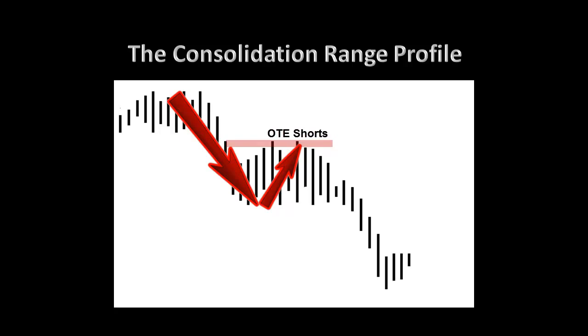Okay, so this consolidation range profile is very handy in terms of determining what you should be doing overall, even if it's in a trending market or a non-trending market. Markets will always go back into some sort of consolidation, even if it's in a strong trend.